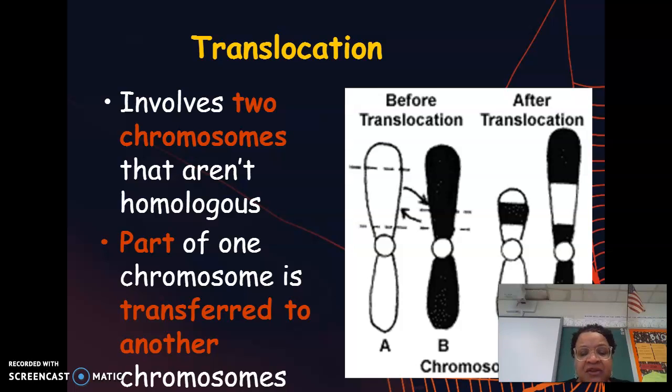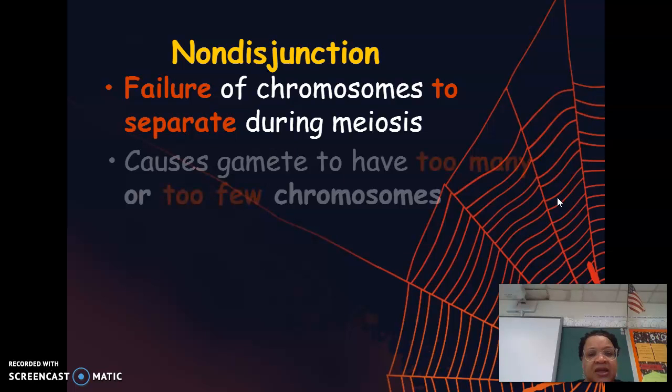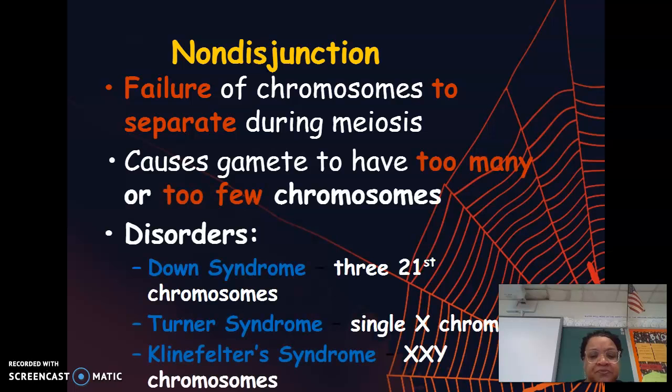That means they are not for the same trait. Part of one chromosome is transferred to another chromosome. And you can see over here, before translocation, A and B, one is light, one is dark, and we're simplifying this, of course. But after translocation, A has a piece of B's on it, and B has a piece of white.